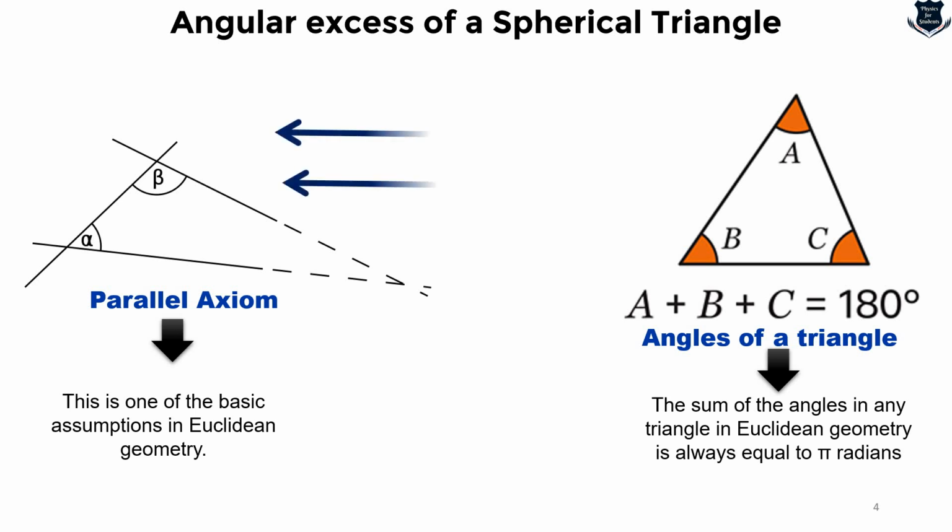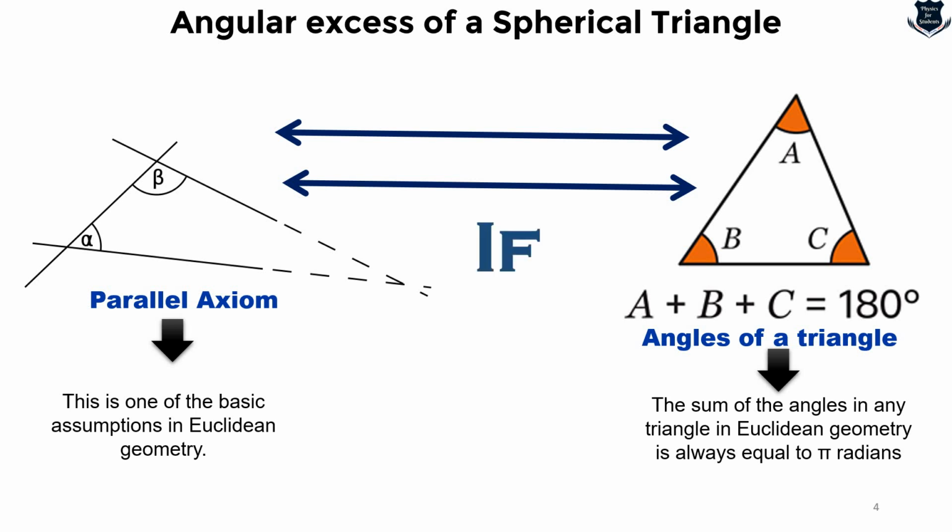Now, these two seemingly separate ideas are equivalent. This means that if you accept one as true, you can mathematically prove the other to be true. For example, if we assume the parallel axiom holds in your geometric system, you can prove that the angles in a triangle will sum up to pi radians.